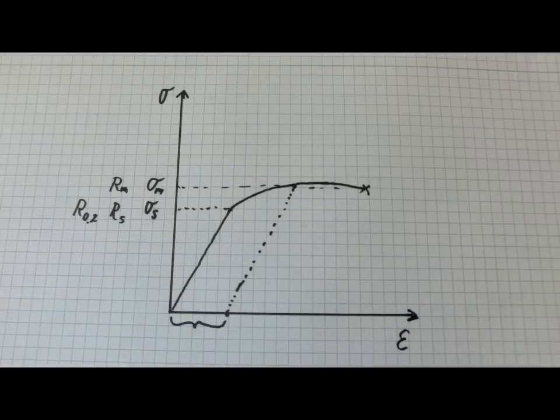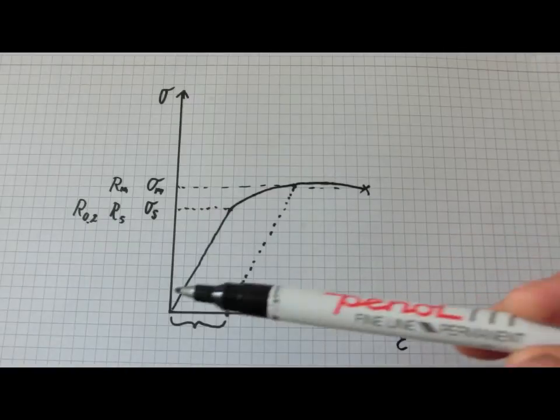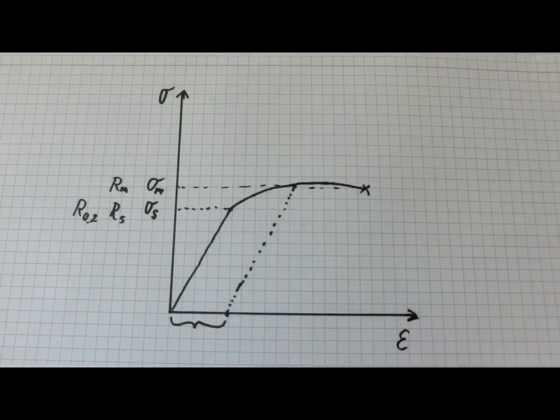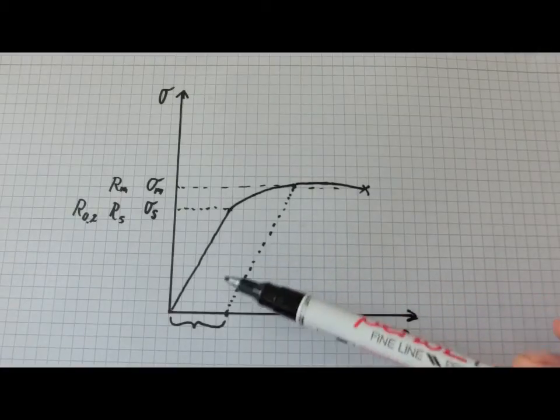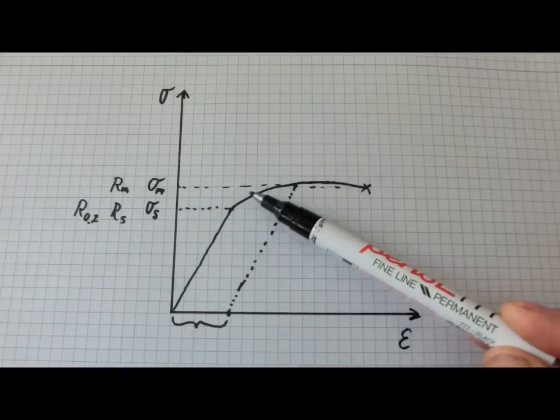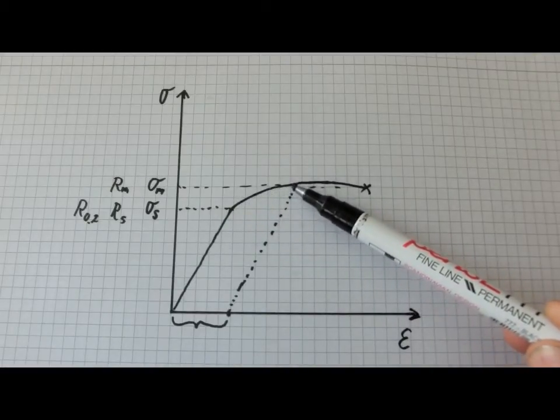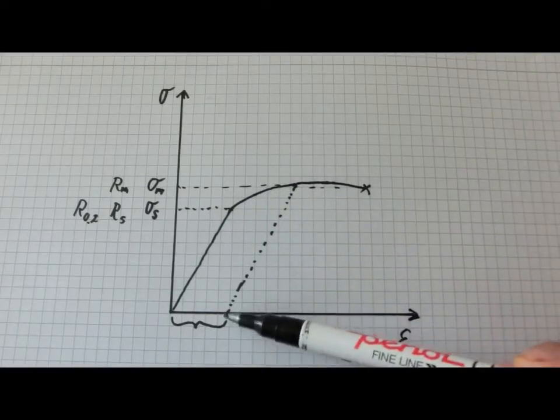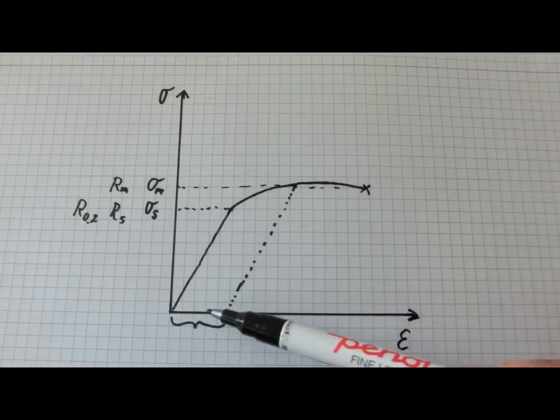Let's discuss the results based on the diagram we looked at before. Assume that this curve, which we drew before, corresponds to the pure aluminium alloy, which we loaded past this yield strength point up to a point here, and then we deloaded and got some deformation.